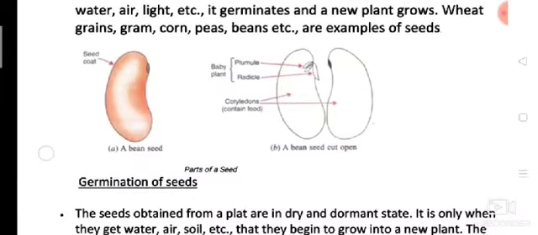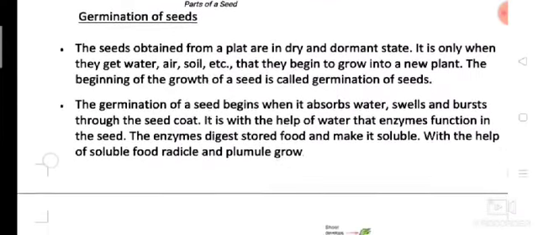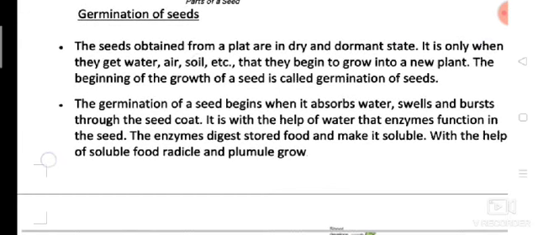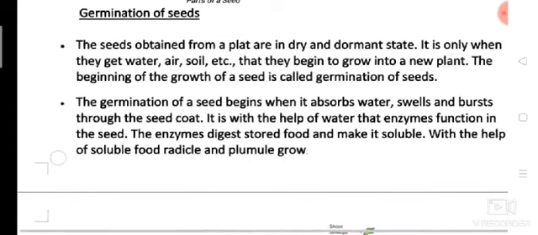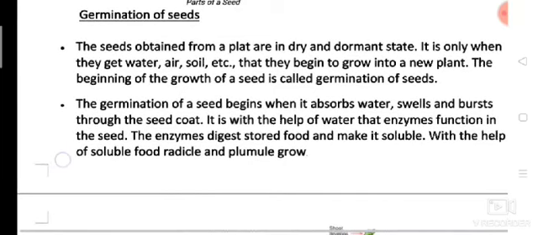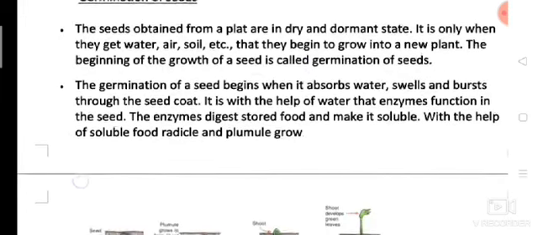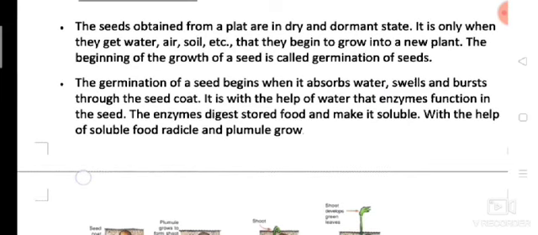Seed germination. The seeds obtained from the plant are dry and in a dormant state. It is only when they get water, air and soil that they begin to grow into a new plant. The beginning of growth of the seed is called germination of the seed. Germination of a seed begins when it absorbs water, swells and bursts through the seed coat.